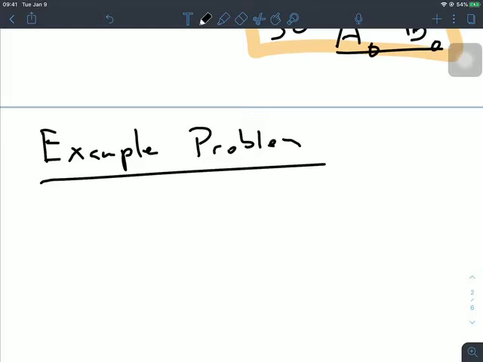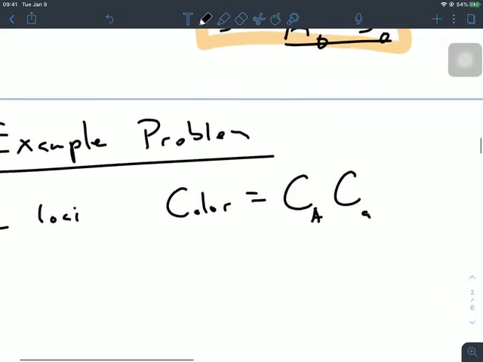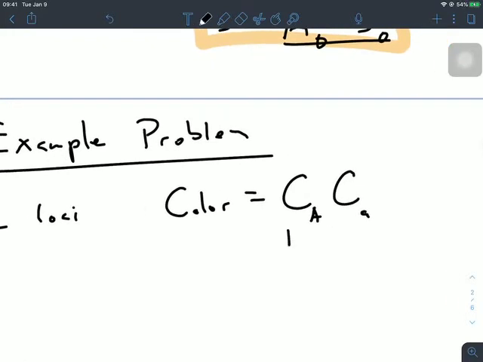So with our epistatic gene, you note that there are two loci, one that determines the color, and there are two alleles for it, either agouti or black. This is our tan color, or the agouti color, and this is the black allele.